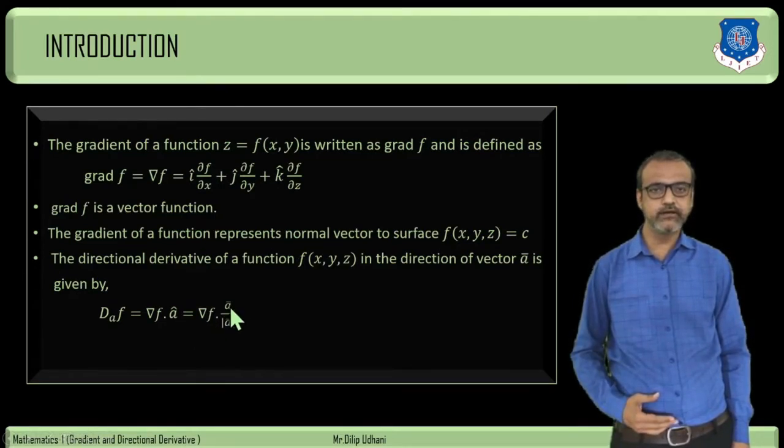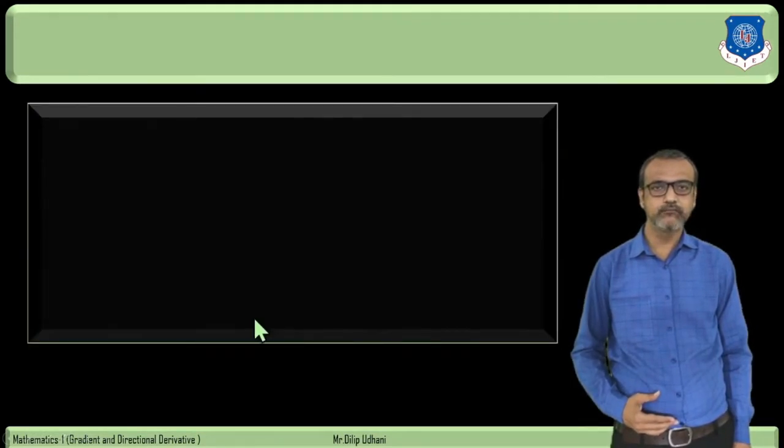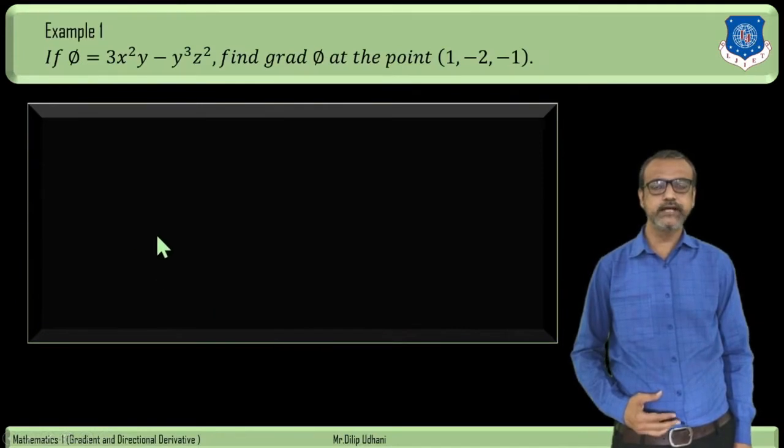That is a vector divided by its magnitude. So this is how we define directional derivative for function f of x, y, z in the direction of vector a bar. Now we will see examples related to this topic.